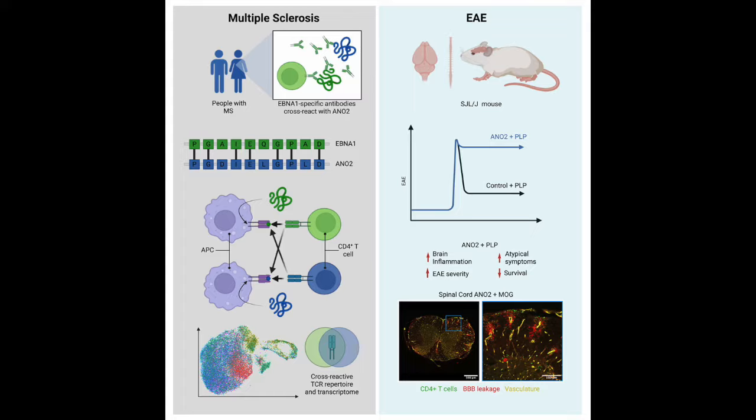They had worse clinical disease. The disease had an earlier onset, and the mice had increased inflammation in their brain. They actually experienced some different sorts of symptoms, and they had a decreased survival.